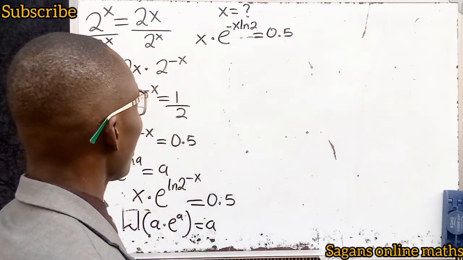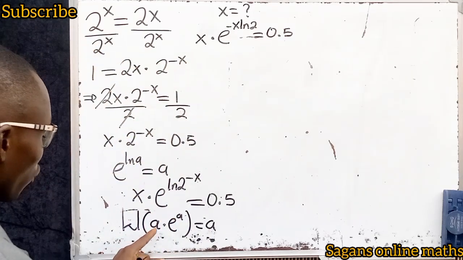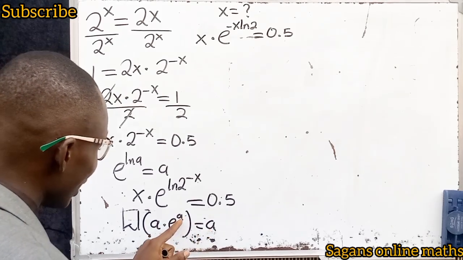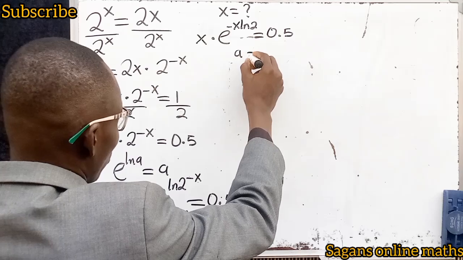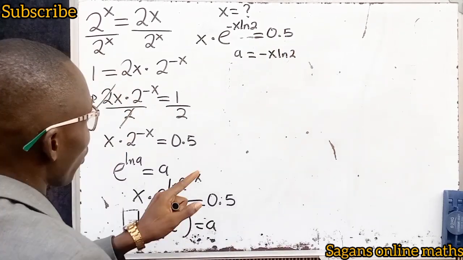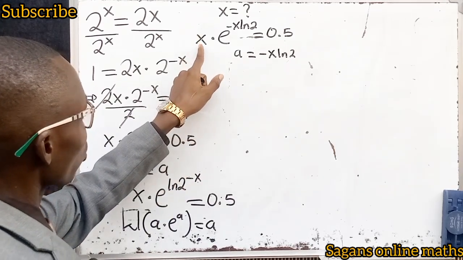Okay, now what we are going to do here, understand these properties, that the Lambert W function of a multiplied by e raised to the power a is equal to a. Now we can say that this a you are seeing here is equal to minus x ln 2. Okay, but we are seeing a here, but we do not have the same minus x ln 2 here. So what are we going to do?